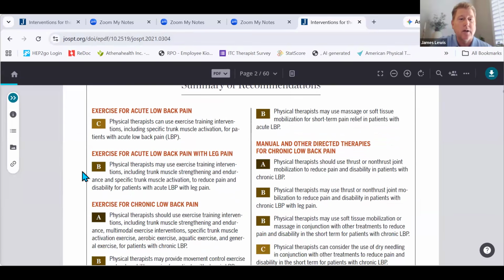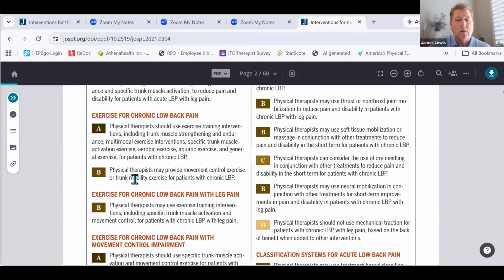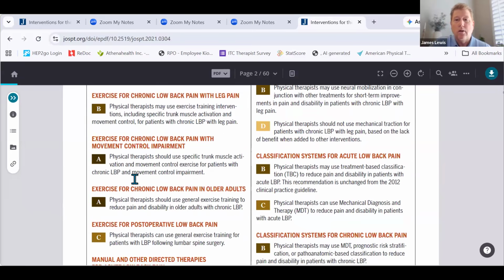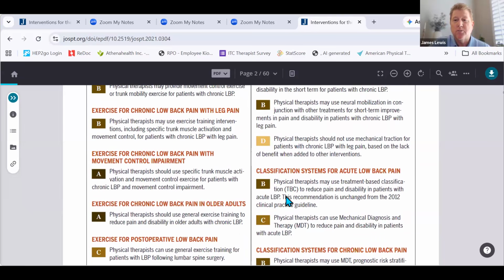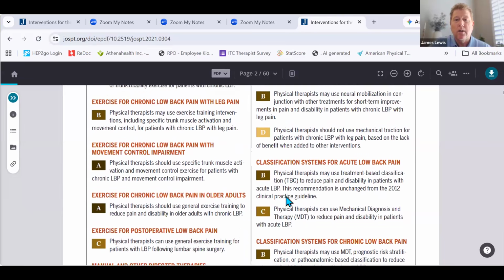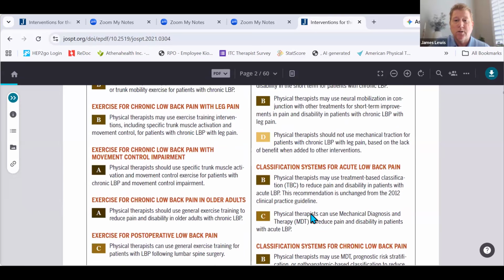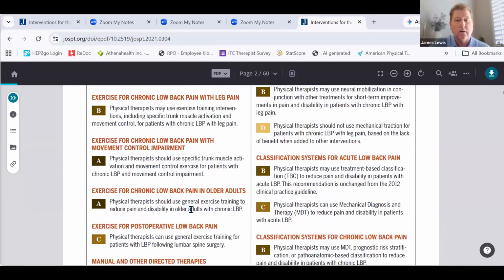Physical therapist, this is a level B. May use exercise training interventions, trunk strengthening, endurance strengthening to reduce pain and disability for patients with acute low back pain. We keep going. Here we've got classification systems for acute low back pain. It's good to use those. Physical therapists can use those for acute low back pain.